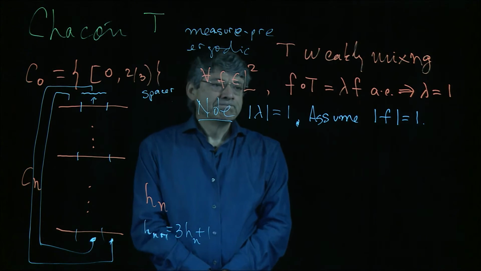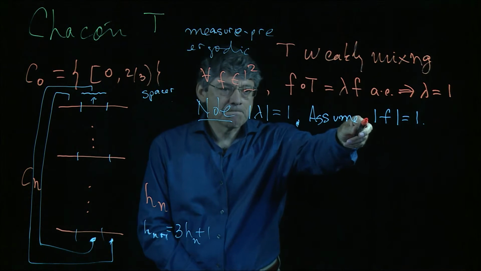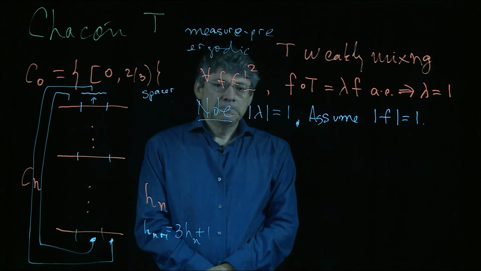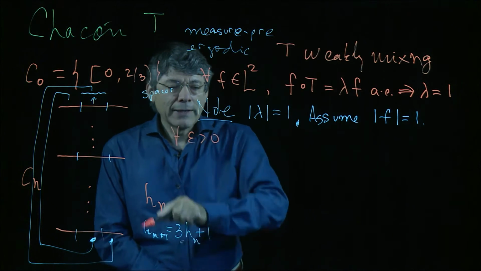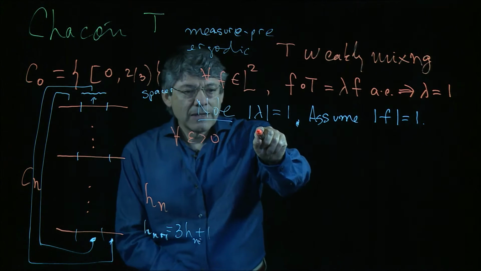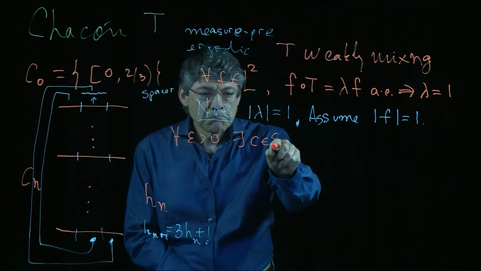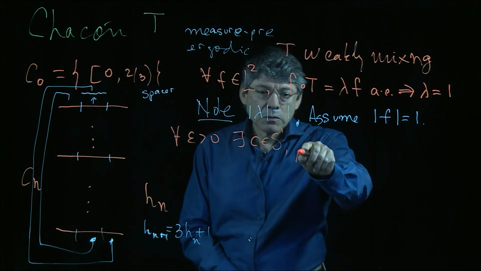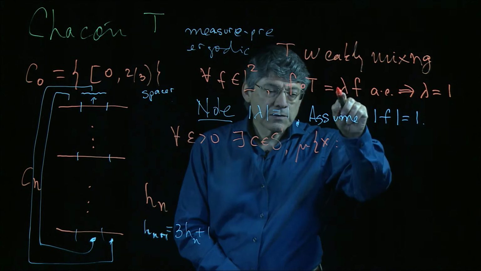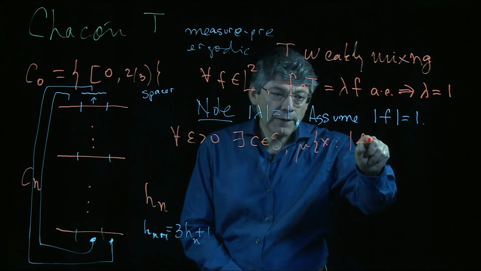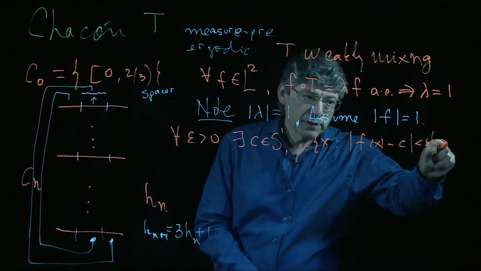Now, first, because f is measurable, given epsilon, one can observe that there is a constant c such that the measure of the x's such that the absolute value of f of x is epsilon close to c is positive.